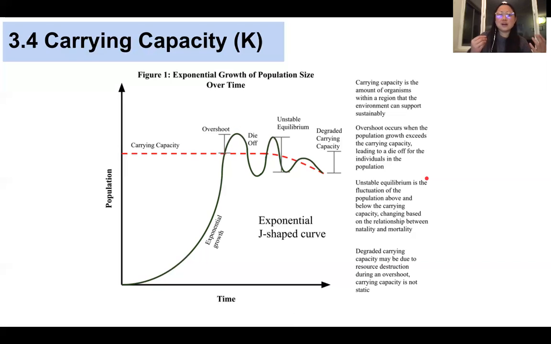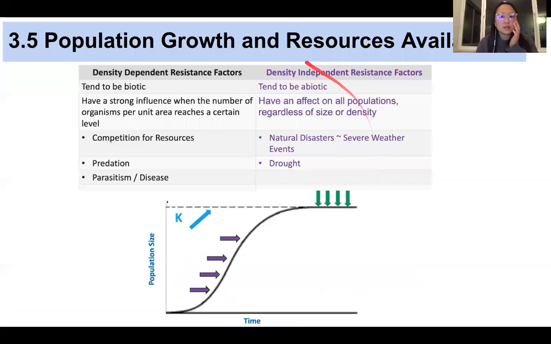Now, the last concept ties together everything that we talked about in this unit. Section 3.5 talks about population growth and resource availability. So we're going to stitch together the other concepts that we just learned in unit 3.